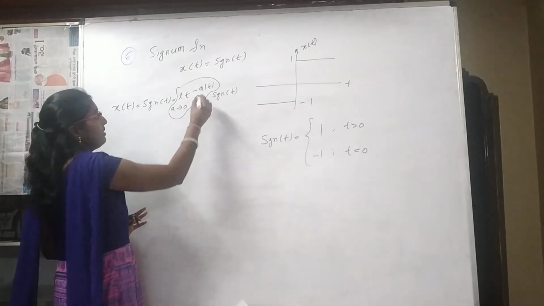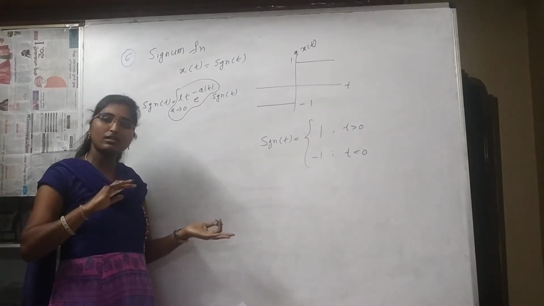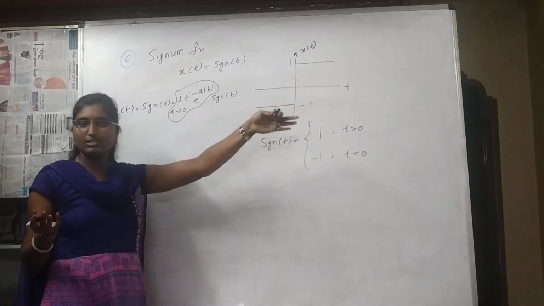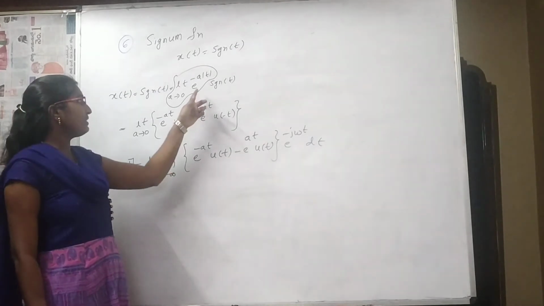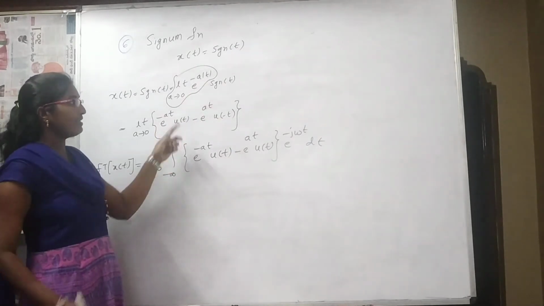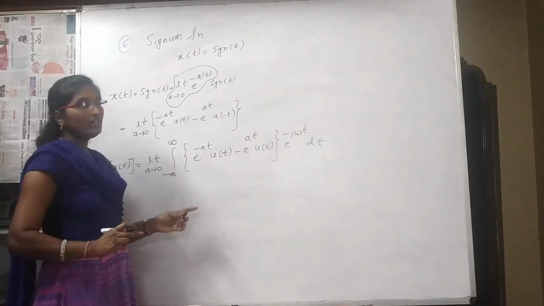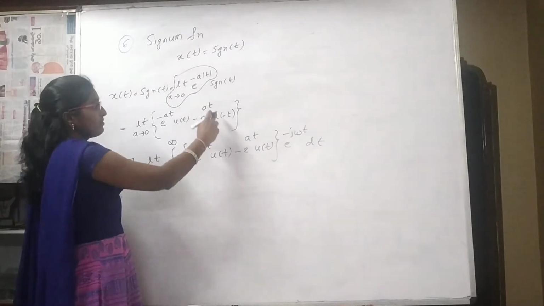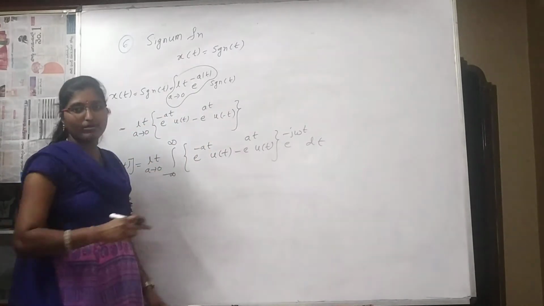Mod t means it will take the plus t sometime and minus t sometime because your t range is minus infinity to infinity. Then if t takes positive value, that is e power minus a t, and the signum will be 1, right? 1 means u of t. And if t takes negative value, minus a minus t, that is e power a t, and that will be minus 1, that is u of minus t.